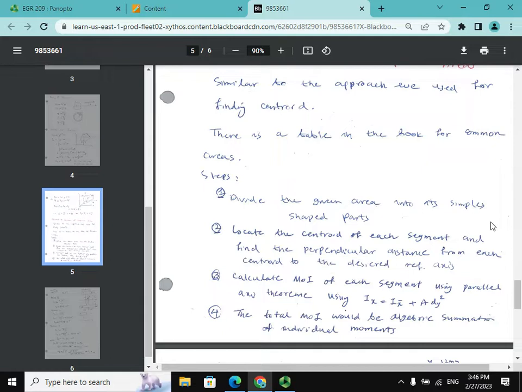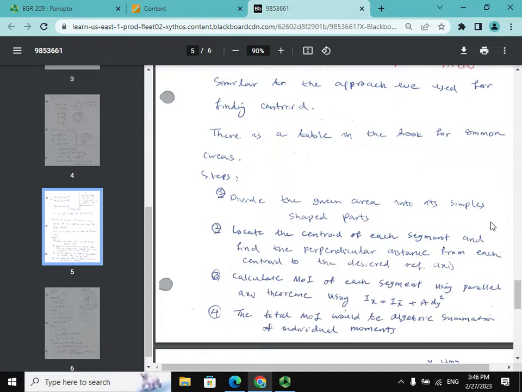Then we locate the centroid of each segment and find the perpendicular distance from each centroid to the desired reference axis that I'm interested in finding the moment of inertia about. Then calculate the moment of inertia for each segment using the parallel axis theorem, and finally find the total moment of inertia by the algebraic summation of all those individual moments.